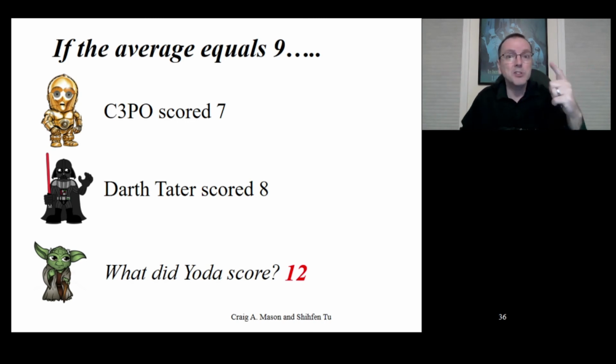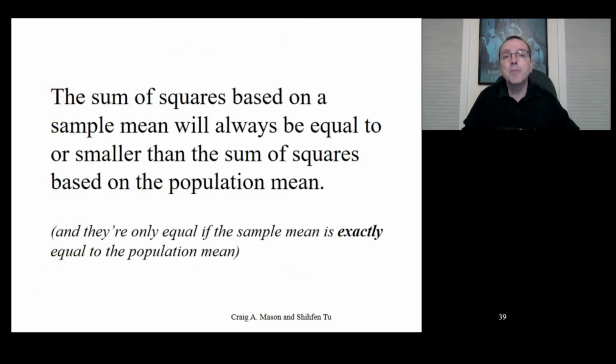C-3PO's score plus Darth Tater's score add up to 15. So Yoda's score must be a 12. If we know the mean, the final score in a sample is not free to vary. We already know what it must be based on information that we've previously pulled out of the data when we calculated the average.